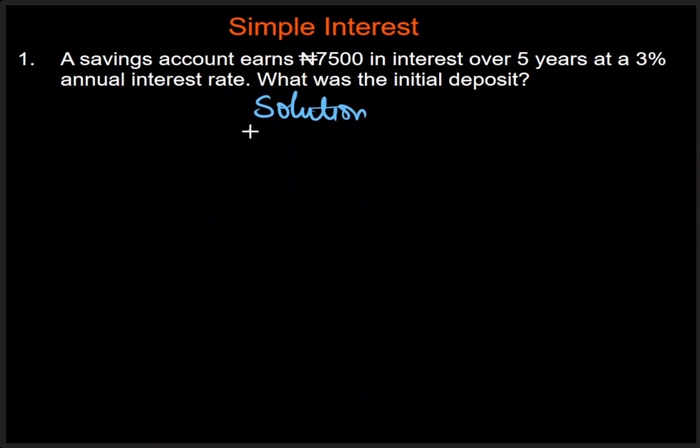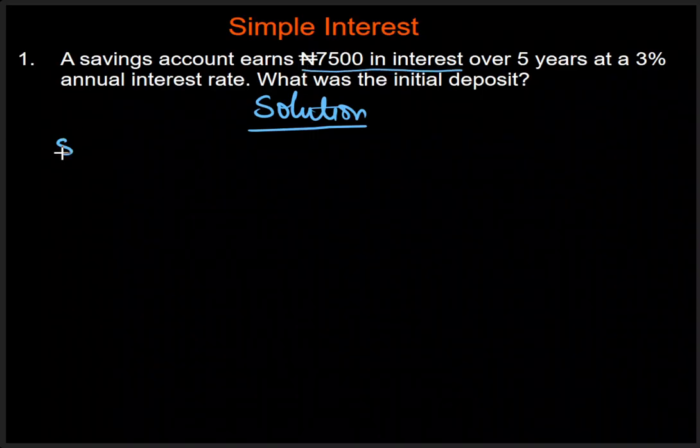Alright, so let's see number one. A savings account earns 7,500 naira in interest over 5 years at a 3% annual interest rate. What would be the initial deposit? So, a savings account earns 7,500 naira in interest.